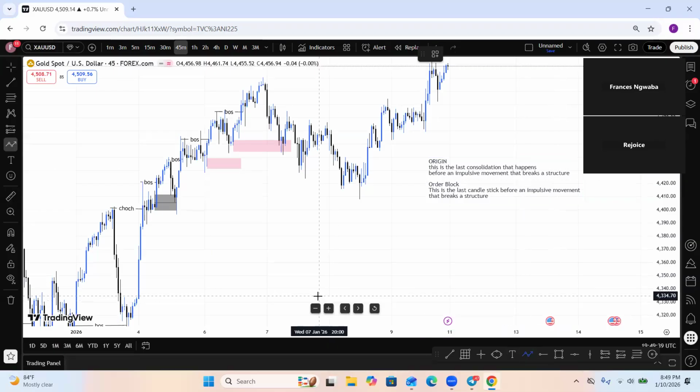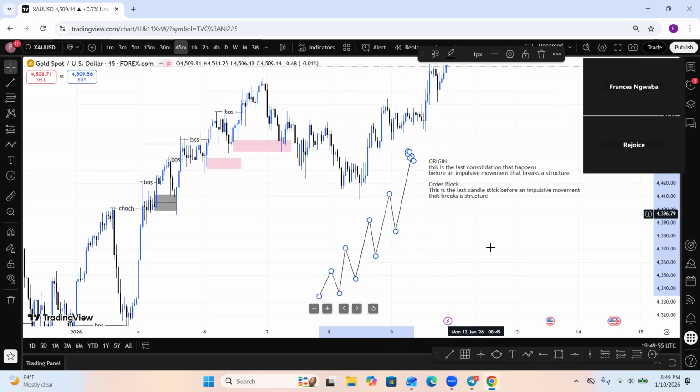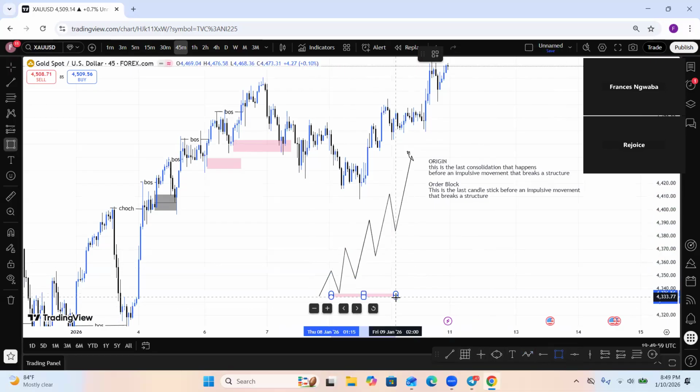So now we have the market moving in higher highs, higher lows, higher highs, higher lows. Now all these breaks of structure, they all have what is called an origin, which is here.